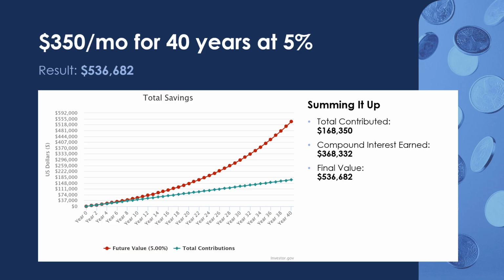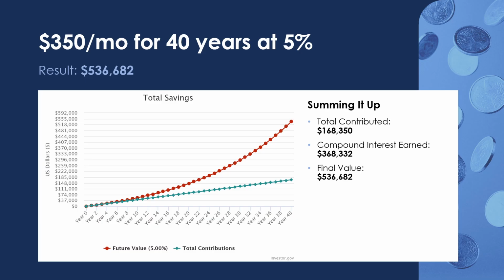Over the 40-year period, the total amount contributed is $168,350. The amount earned through compound interest is $368,332. This results in a final value of $536,682. Notice that the investment continues to grow because of compound interest.